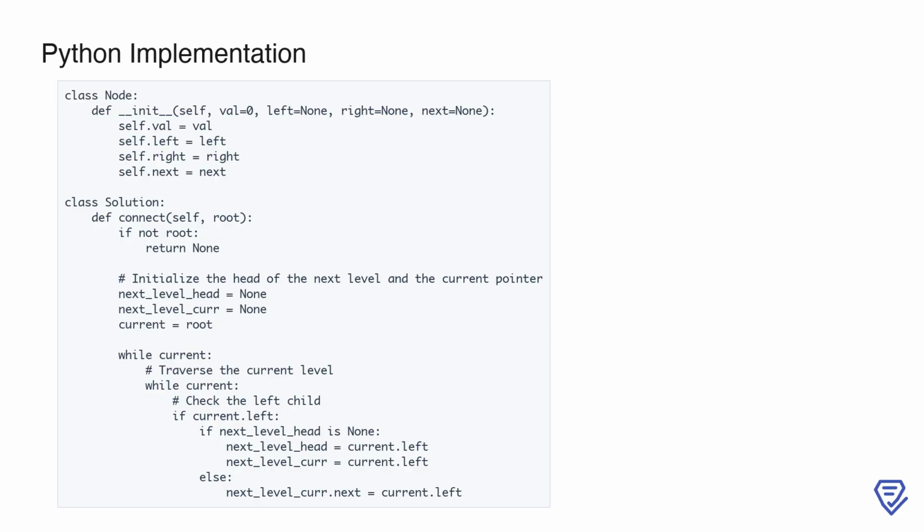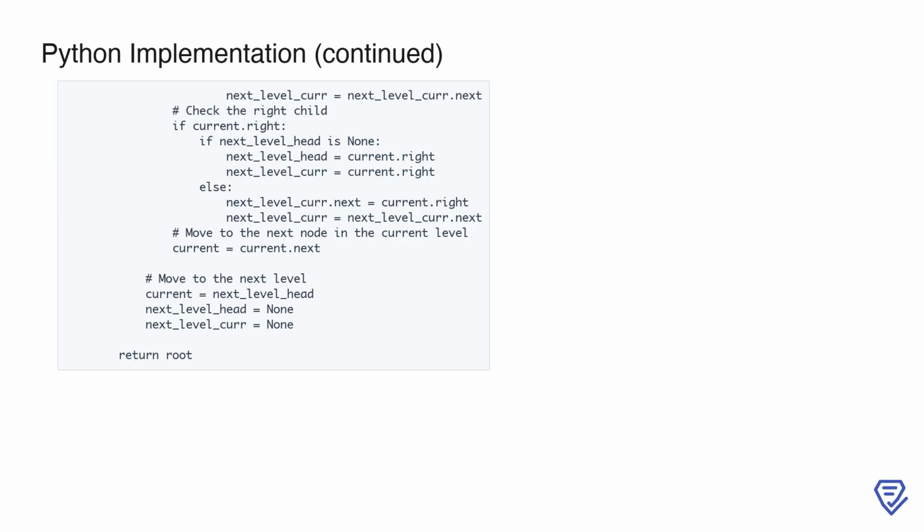If it does, and next_level_head hasn't been set yet, we initialize both next_level_head and next_level_cur to this left child. Otherwise, if next_level_head is already set, we simply update the next pointer of next_level_cur to point to this left child. After pointing to the left child, we move next_level_cur forward by assigning it to its own next.